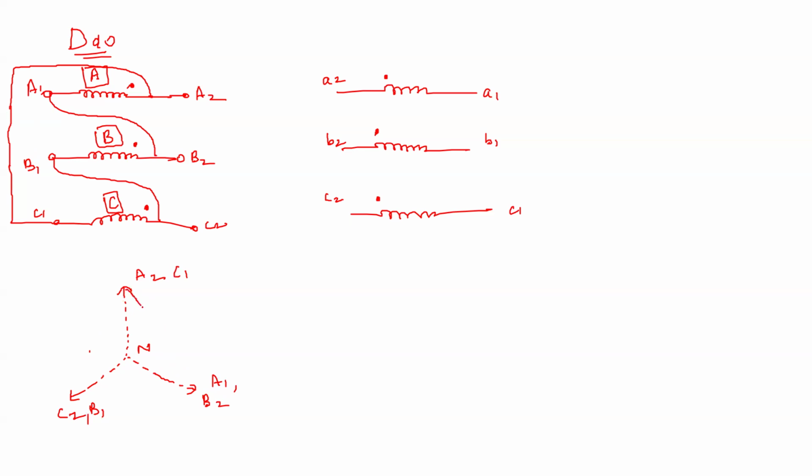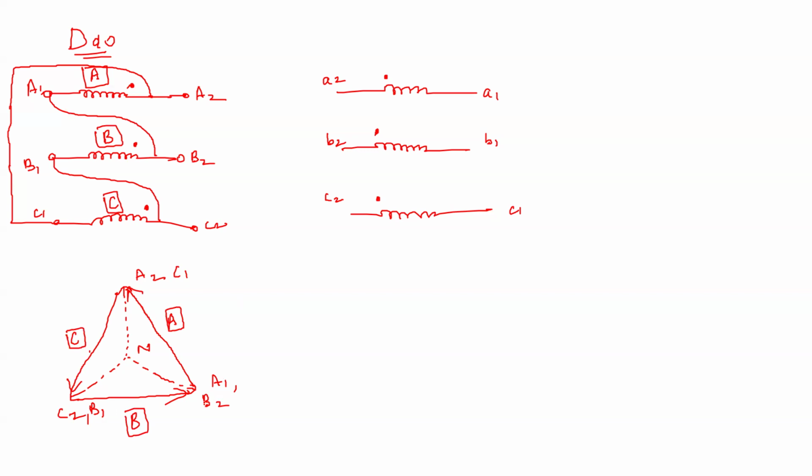A1 to A2, B1 to B2, and C1 to C2. So the actual vectors: A is here, B is here, C is here, because A is between A2 and A1, and A1 and B2 are shorted.